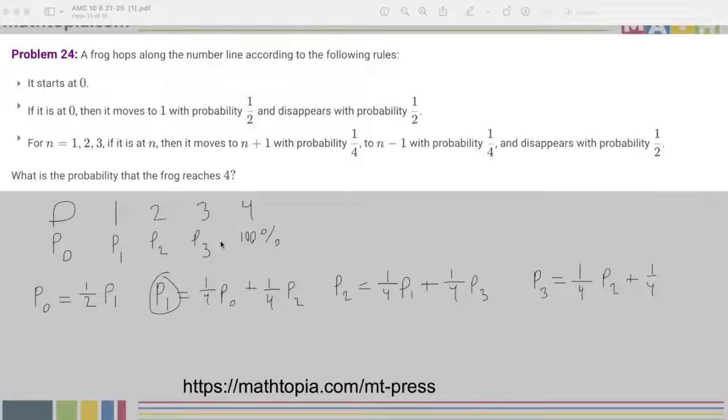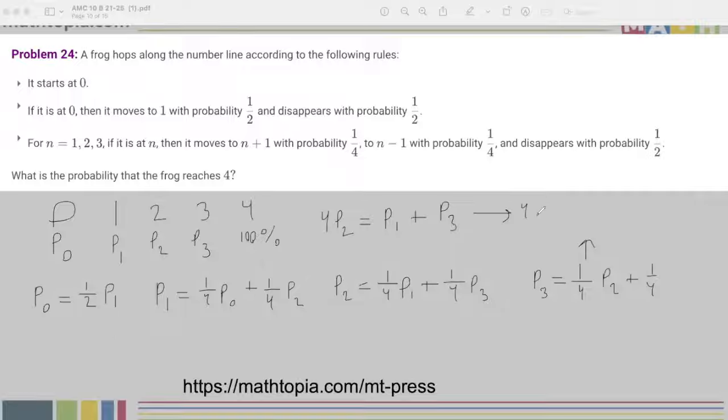So the strategy that I would do here in order to solve it as fast as I can is to eliminate the variables from P3 towards P0. So our first goal is to eliminate the P3 variable. If we multiply this equation by 4, we get 4P2 is equal to P1 plus P3. And now, by plugging in the value of P3 into the equation, we can combine these two equations.